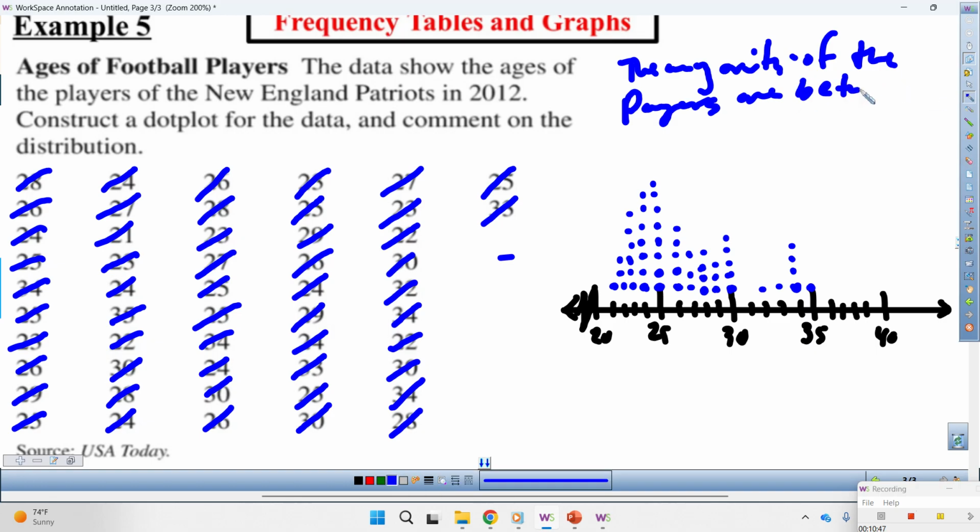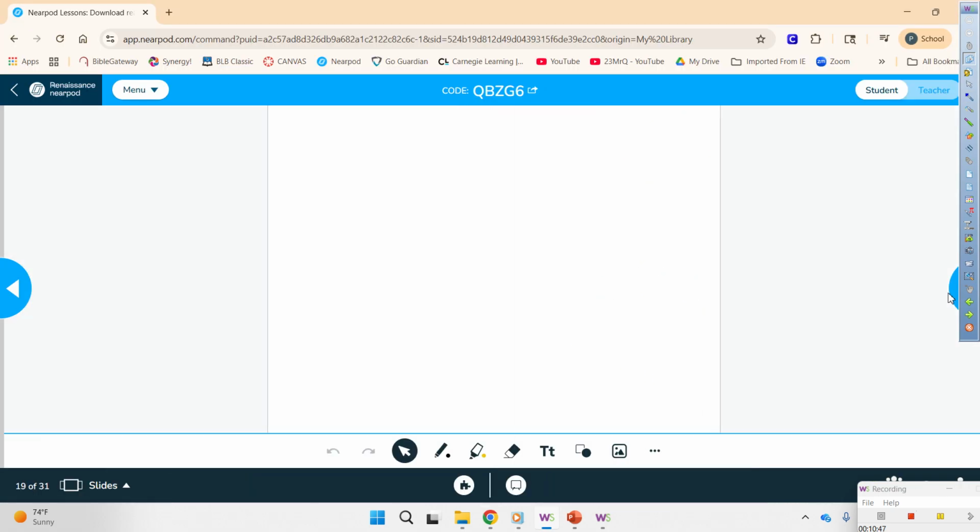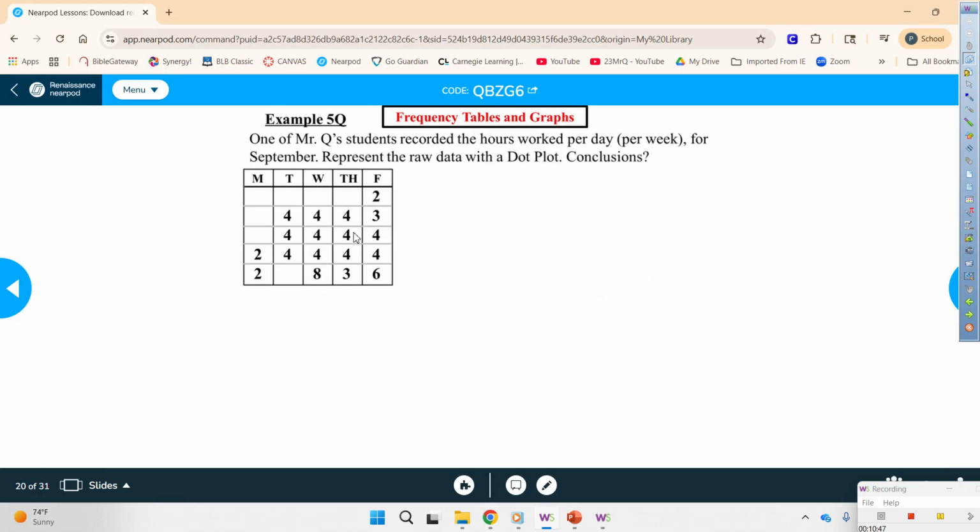Are between 24 and 27? Hands, if you agree with that conclusion? Observation? Yes? All right. So, with that said, copy this table, please.